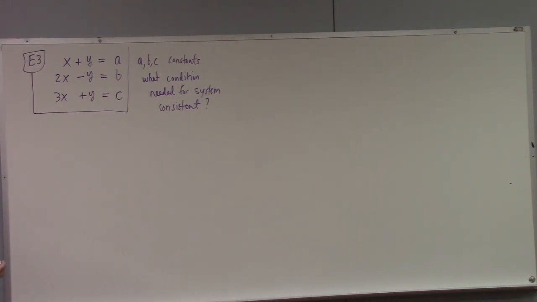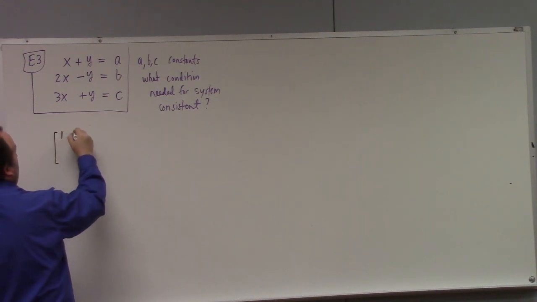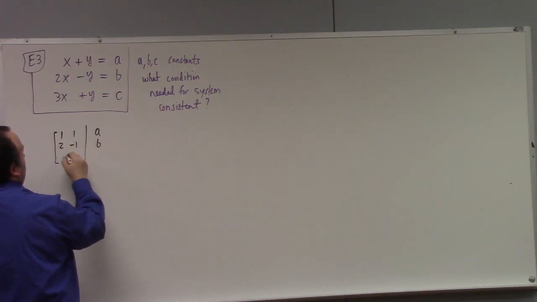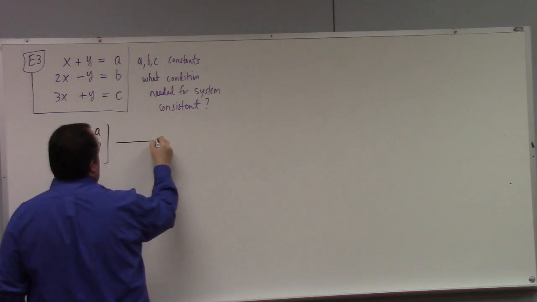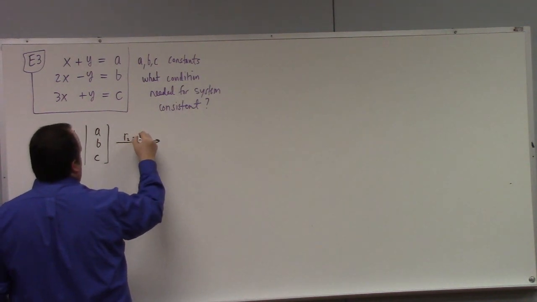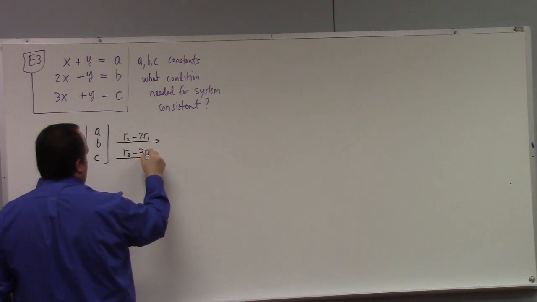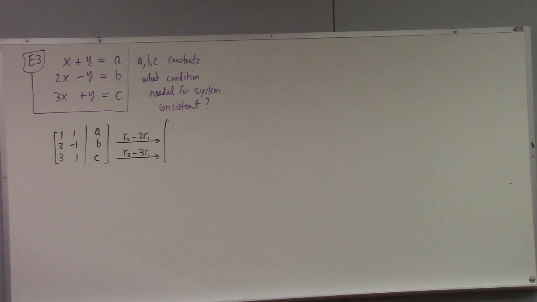All right, so let's do it. We'll use our go-to technique, which is row reduction. But now there are letters. So [1, 1 | a], [2, -1 | b], [3, 1 | c]. I'm going to do row 2 minus 2 row 1, and row 3 minus 3 row 1, because that's just efficient. I can clear out the numbers below the pivot position 1 by making this strategic pair of row reductions.